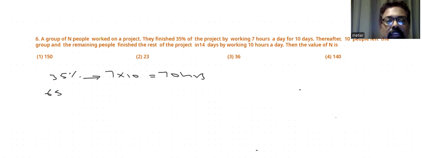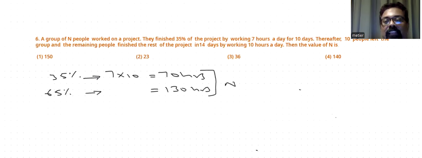If there is no change in the number of people, this percentage of work will be proportionate to time. More work, more time. So 35% takes 70 hours, and 65% will take 130 hours, since double of 35 is 70. It means with n people, ideally the work can be completed in 130 hours.